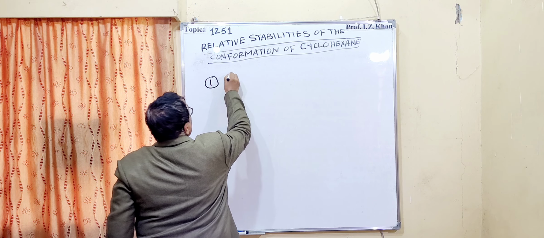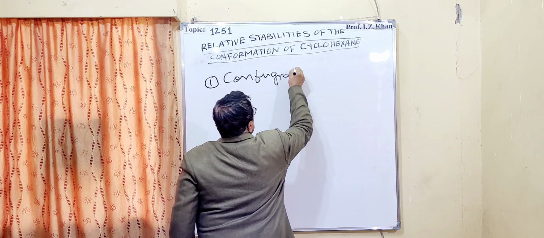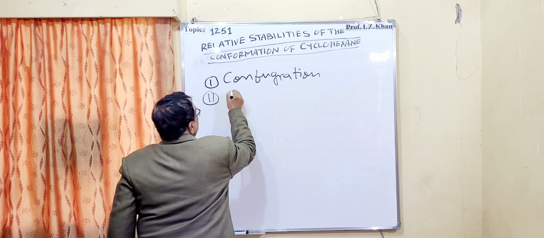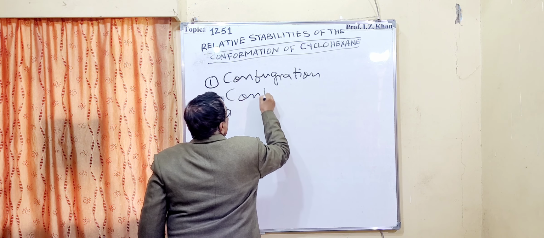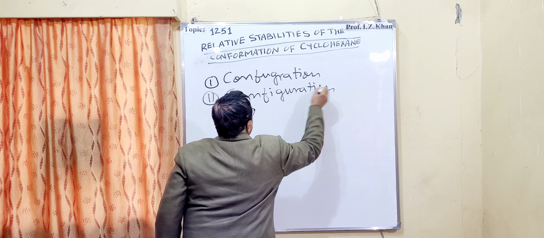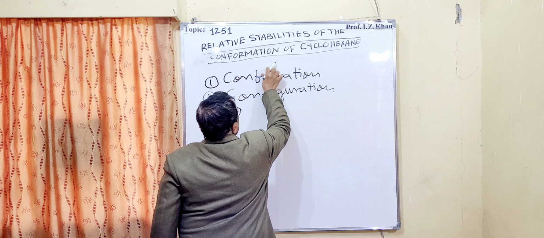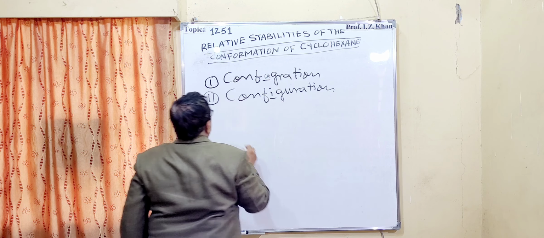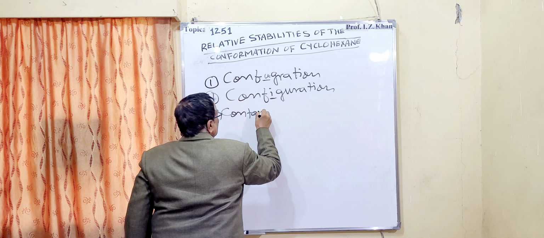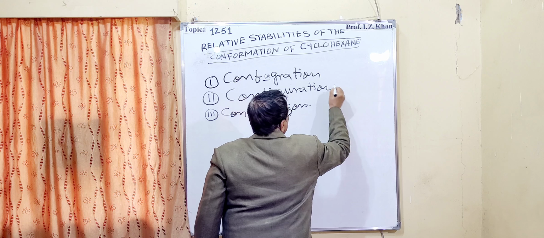One is called electronic configuration. Second term is called configuration. One is spelled with an I and one with a U. And third one is conformation of the molecules.